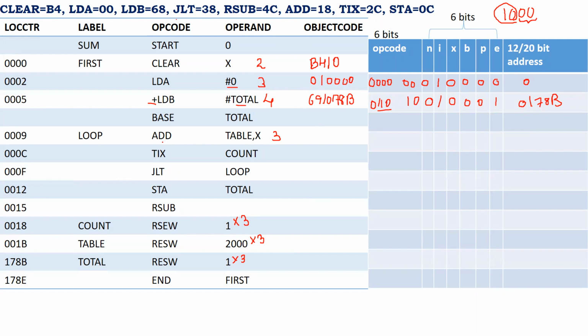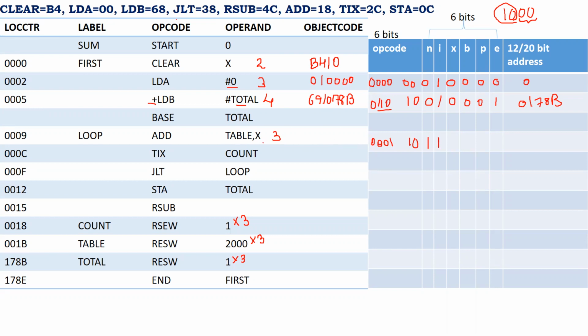We're moving to the next instruction, that is add. What is the opcode for add? It is 18. So we'll write 18 here: 0001 and 1000, where 8 is 1000. Since it is neither indirect nor immediate, both N and I are set to 1.